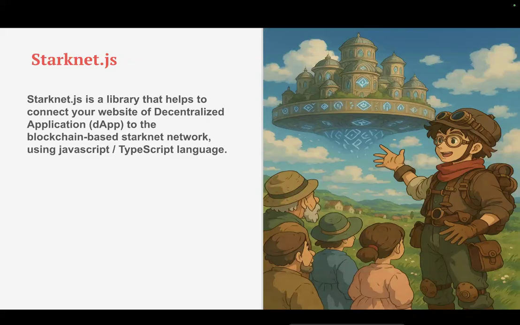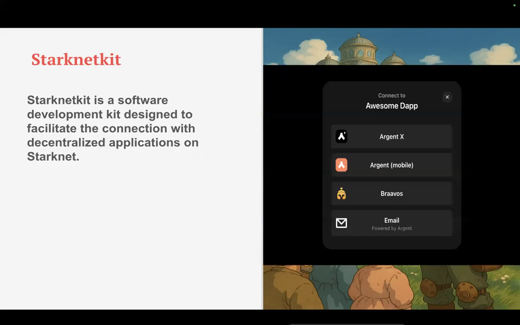As it is written here, I got it exactly from the official documentation of Starknet.js, so you can also check that out, and this is exactly how it was defined. As it implies, it's a library that can help our dApps and our websites connect with the Starknet network, with the aim of reading and also writing to the blockchain. So that's what Starknet.js is for.